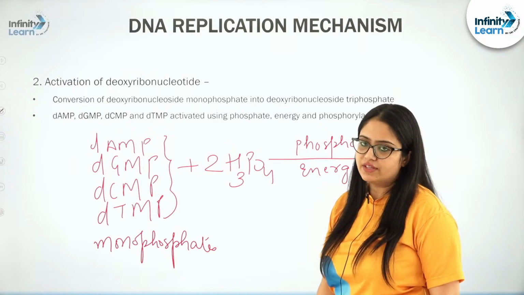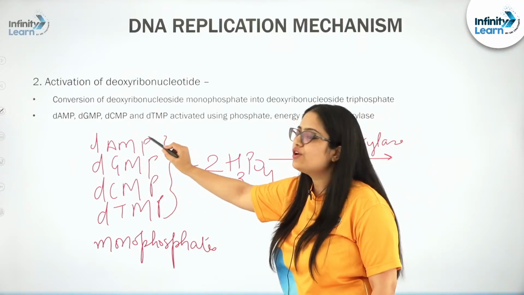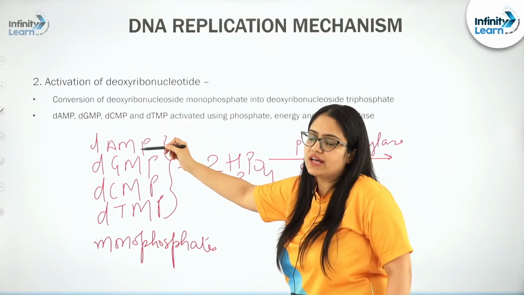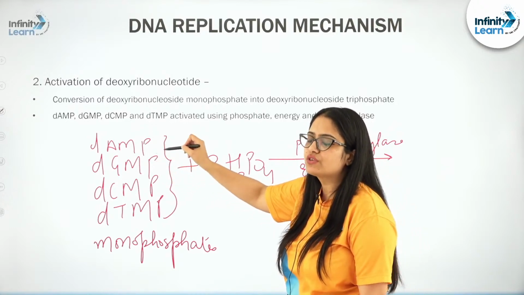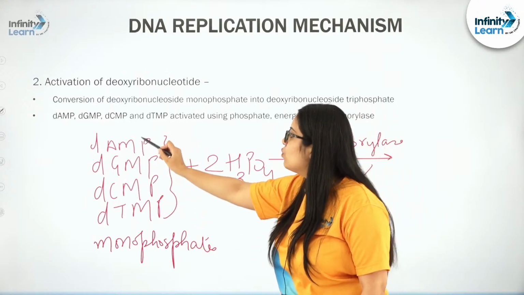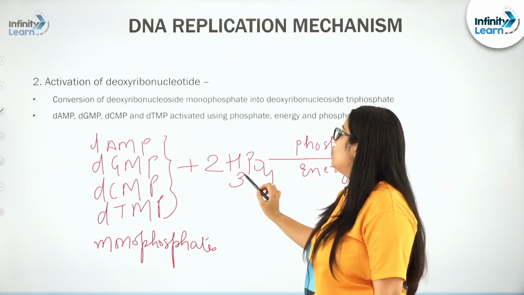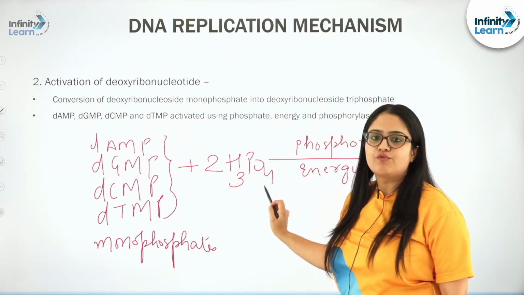Energy needs to be given in this reaction. So each and every type of deoxyribonucleotide, or rather I can say deoxyribonucleoside monophosphate possessing a single phosphate, each one will react with 2 molecules of H3PO4.